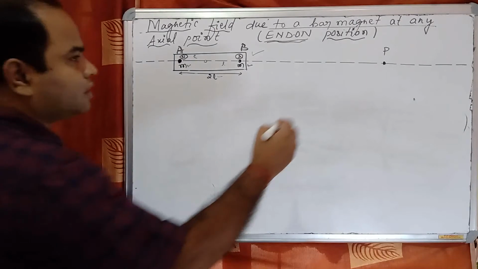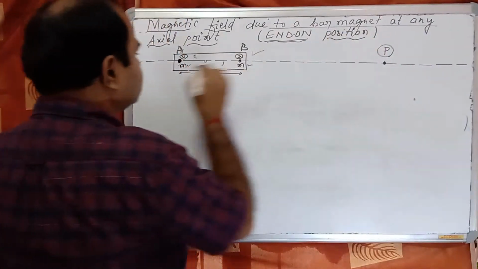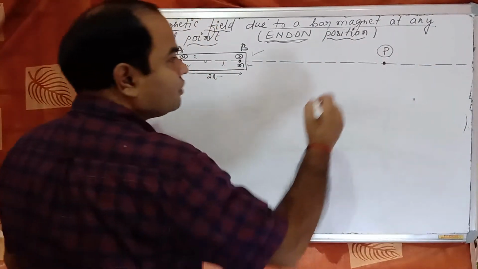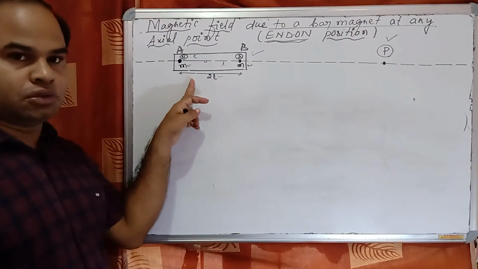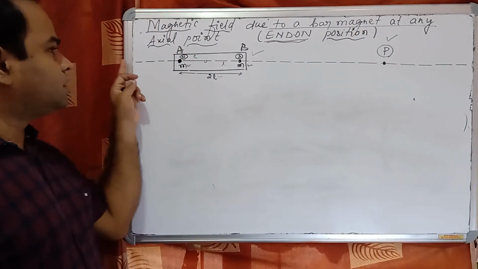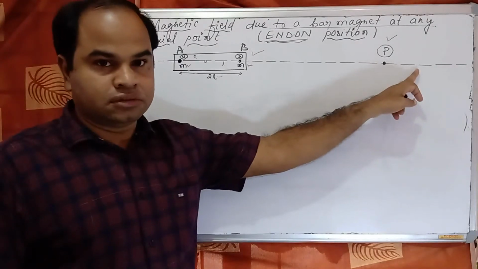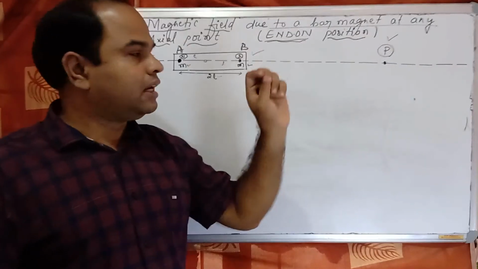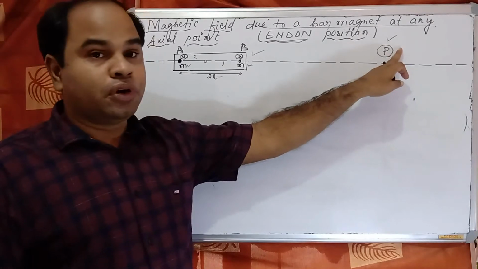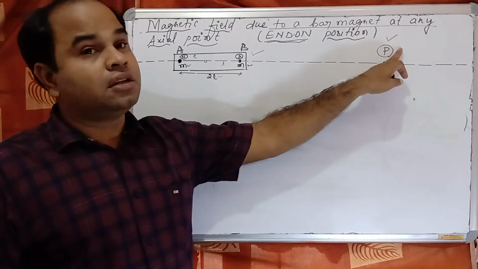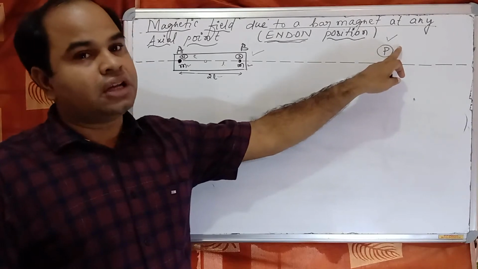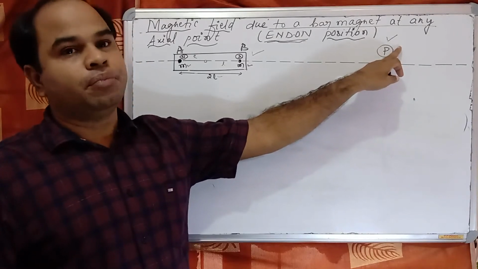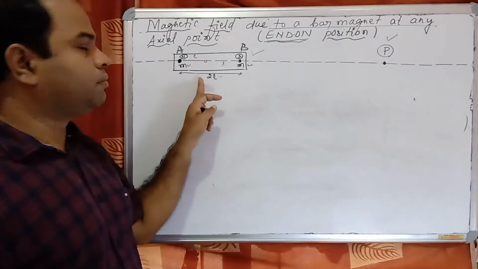So let us consider this point P on this axial line, where the magnetic field is to be found for this bar magnet. Let P be the point where we have to find the magnetic field due to this bar magnet.